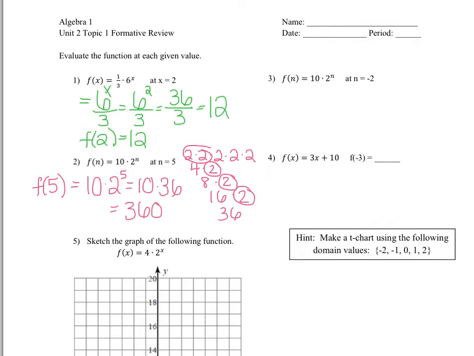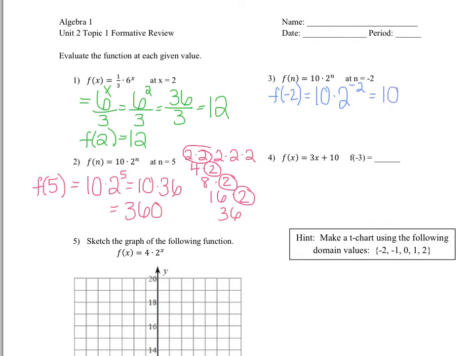Next, number 3, we have f of negative 2 equals 10 times 2 to the power of negative 2. This is the same question, but now our exponent is a negative. Remember that the exponent only goes for what's directly in front of it, so it's only going to relate to the 2 and not to the 10.